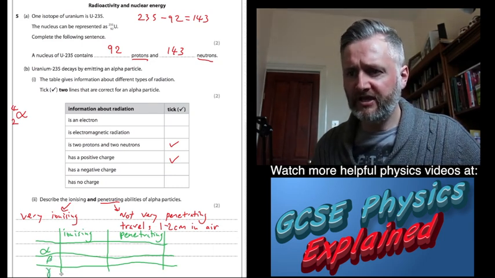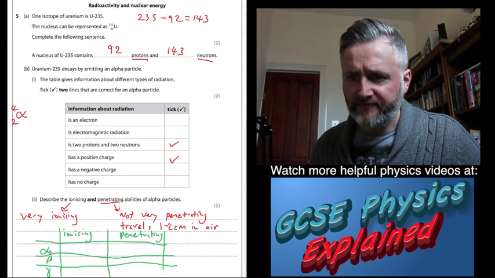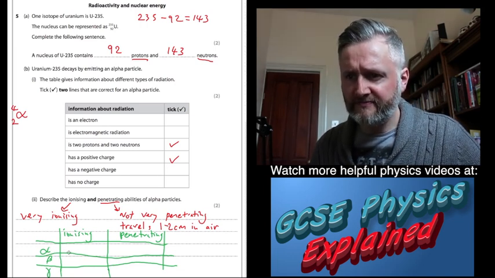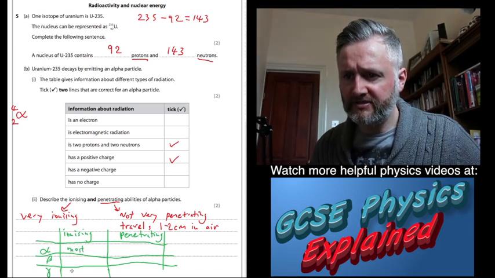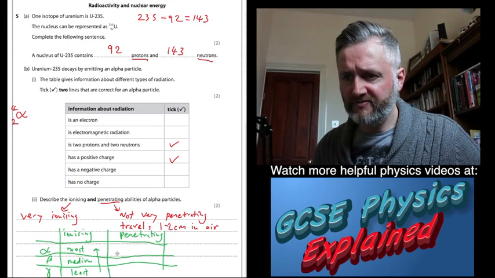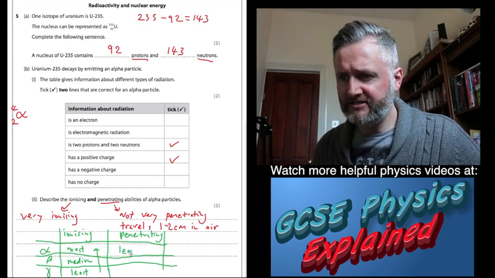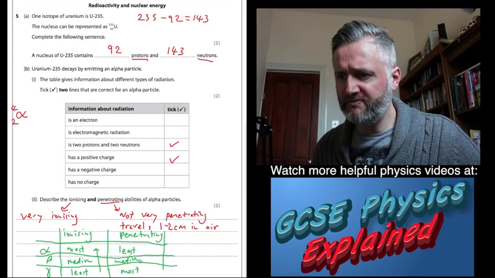They'll often ask you what the ionizing and penetrating powers are. Alpha is the most ionizing, gamma is the least ionizing, and beta is the medium. Now penetrating, alpha is the least, gamma is the most, and beta once again is medium.